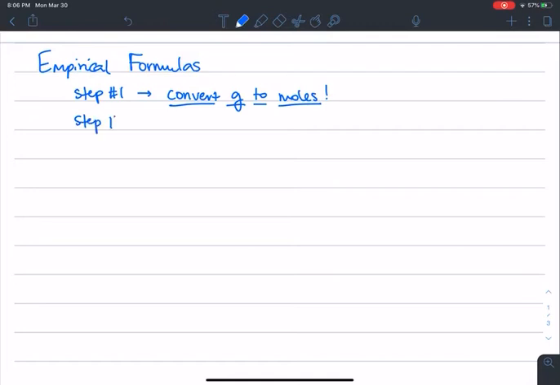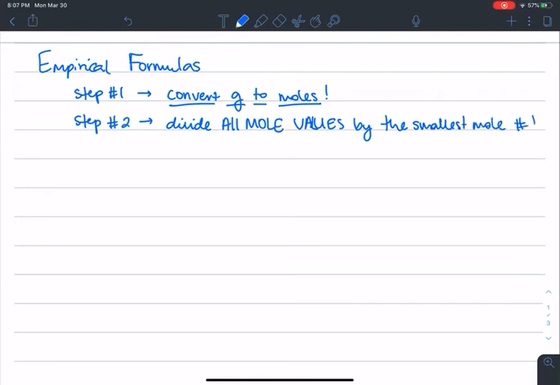Step 2 for empirical formulas is divide all mole values by the smallest mole number. And that's pretty much what you're going to do for every empirical formula. Now, the information that you'll be given and how you get to this stage may be different, but essentially, these are the 2 steps that you do. So let us do our first example.